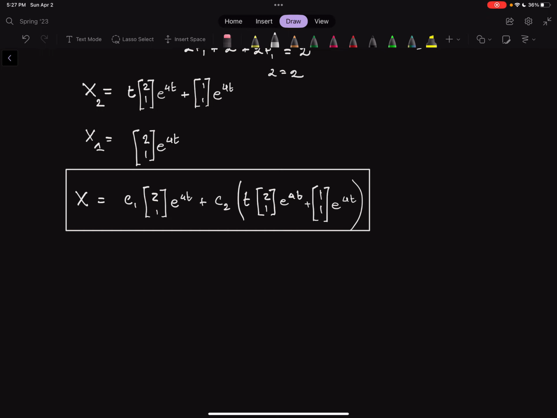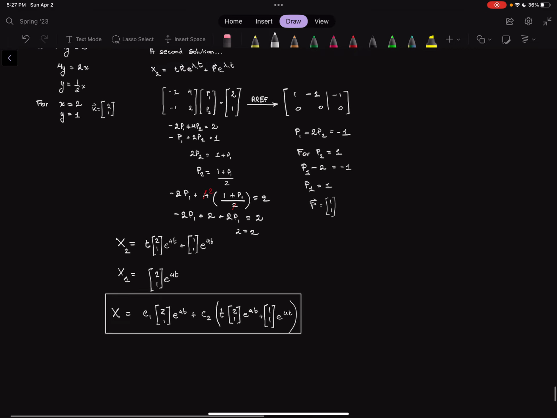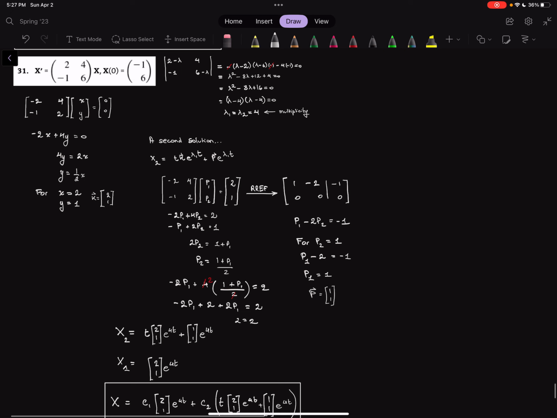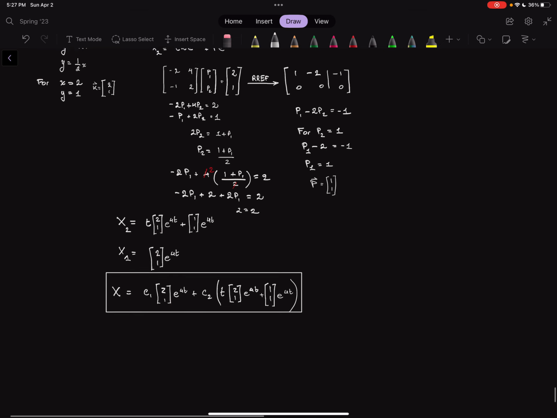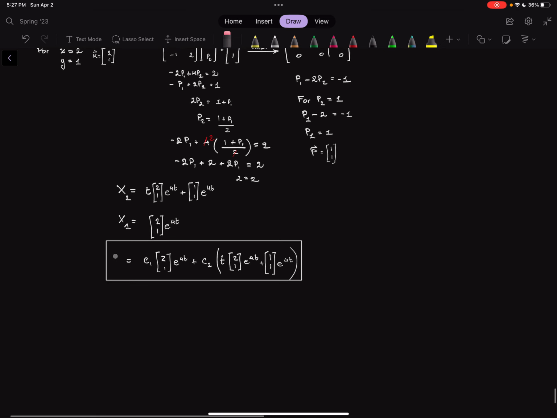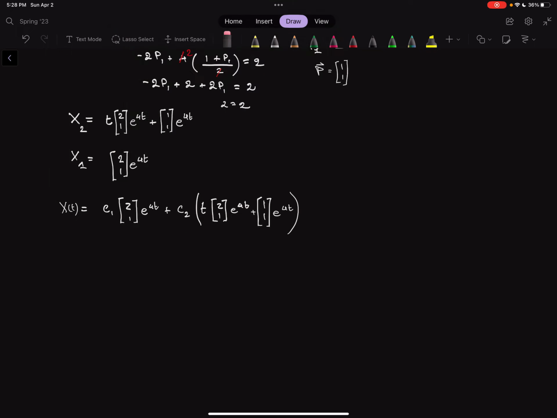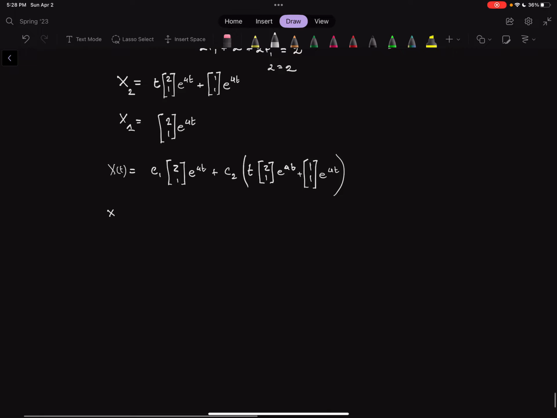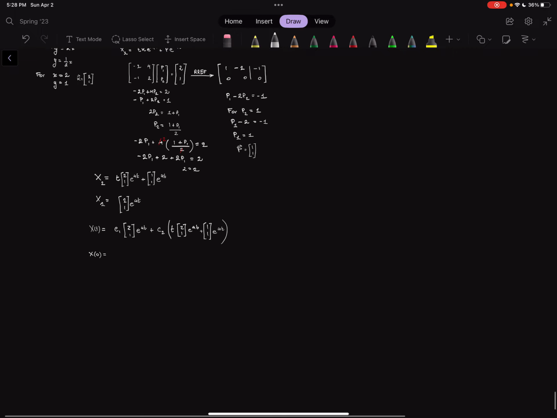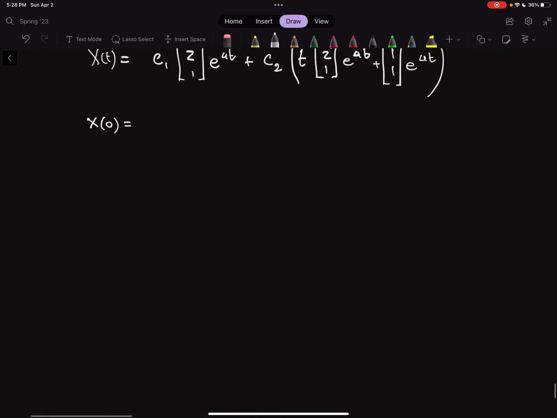I hope you understand the process here. And, well, actually, I'm not done yet because now we want the particular solution with x of 0. So this is a function of time, as you can see. So now, if you want to find the actual particular solution, we're going to have to say that this is equal to, well, what do they tell us? -1 and 6.